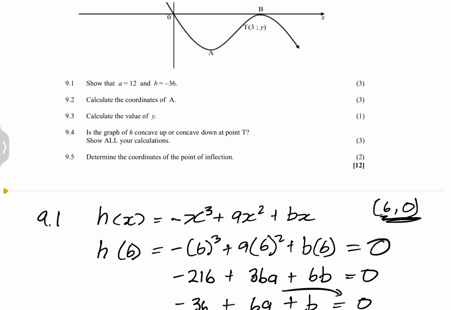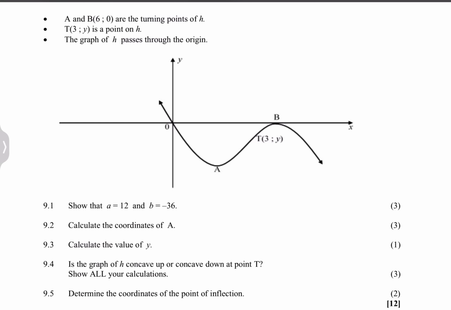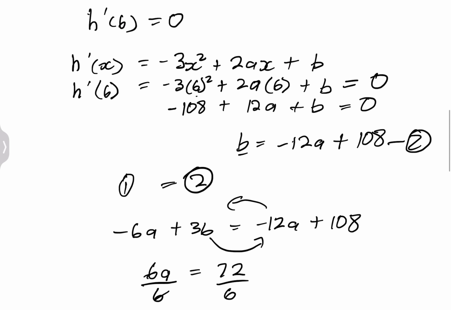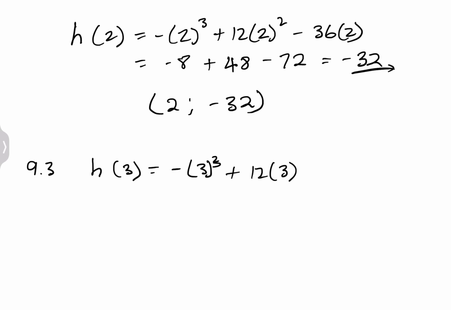All right, now they say to you, calculate the value of y. Now remember that y is actually a value where x is equal to 3. So all I'm going to do is substitute x is equal to 3. So 9.3, I'm going to say h of 3. That's going to be minus 3 cubed, right? Plus 12 times 3 squared minus 36 times 3.